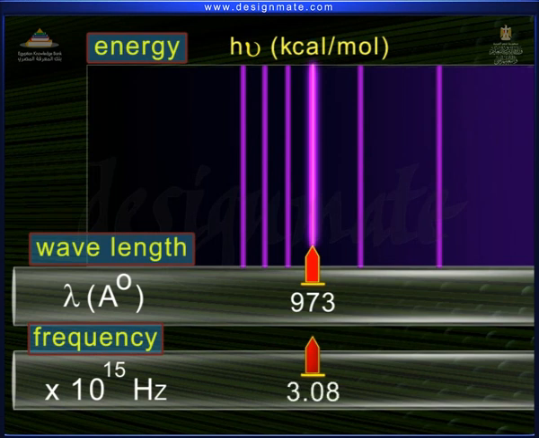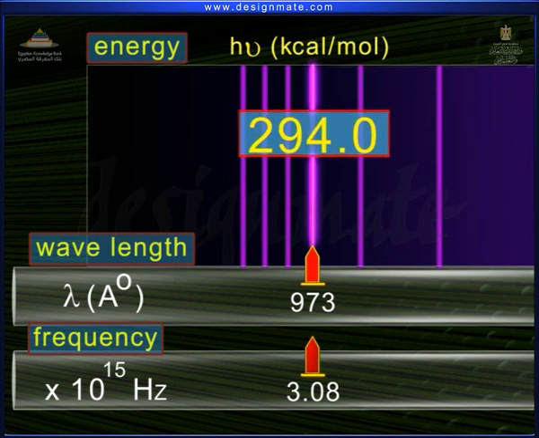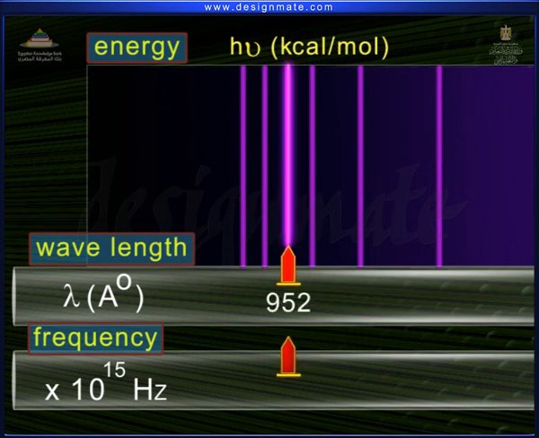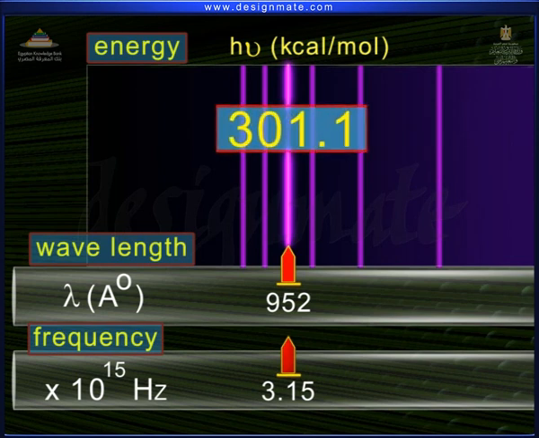The frequency per second is 3.08 into 10 raised to 15. The energy 294 kilocalories per mole. The wavelength 952 angstrom. The frequency 3.15 into 10 raised to 15. The energy 301.1 kilocalories per mole.